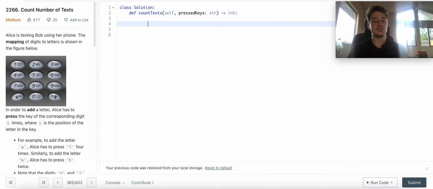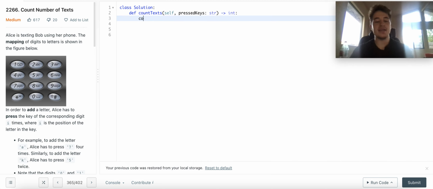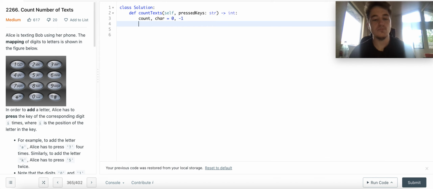So how does this work? Well, we've got to keep the count of the character that we've seen. We'll assume the count at first is -1, I guess, and the character we've seen first, we'll call it 0. It doesn't matter.